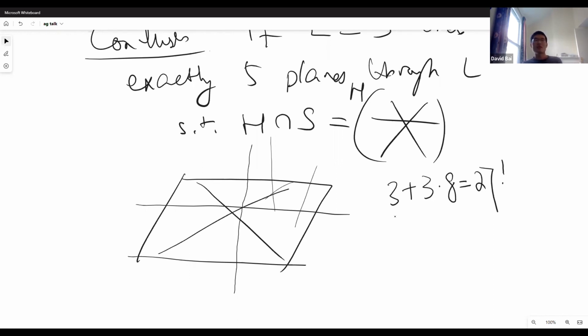But such a cubic form must not be smooth. It cannot be smooth at the point 0, 0, 0, 1. So that cannot happen. So there are exactly 27 lines, and we are done.